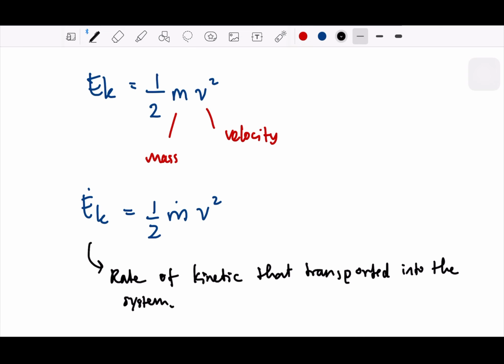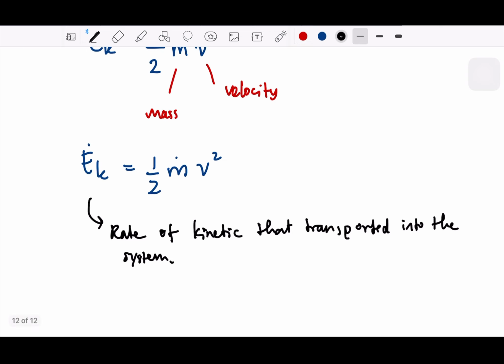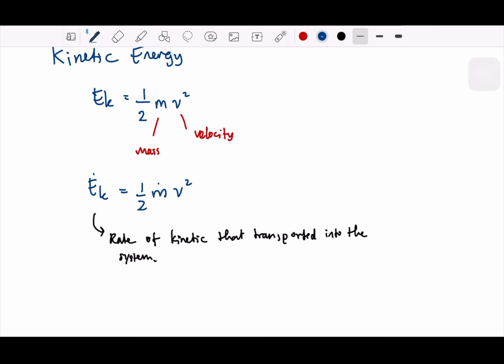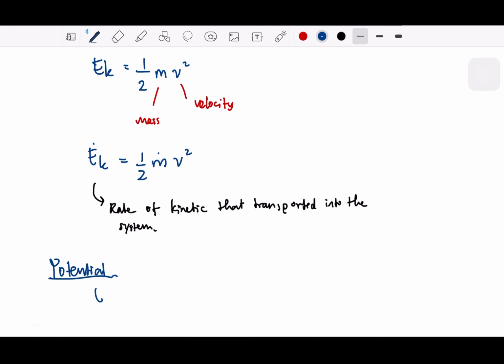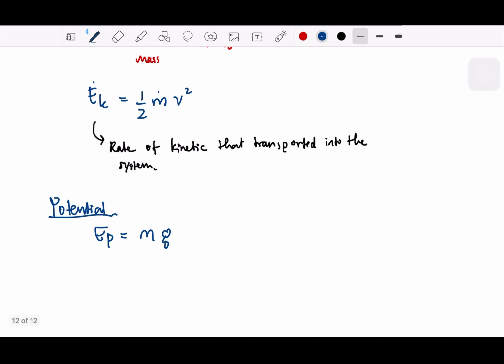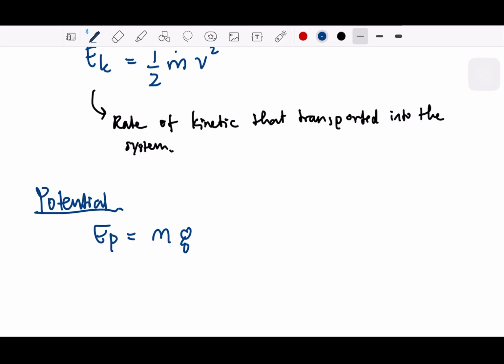And the second part is the potential energy, which is usually we take h for height, but in your textbook it's taking z.